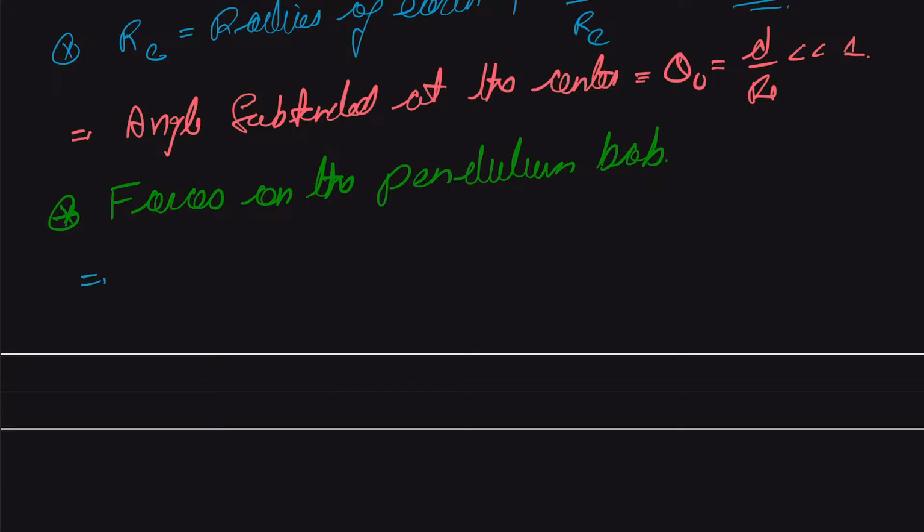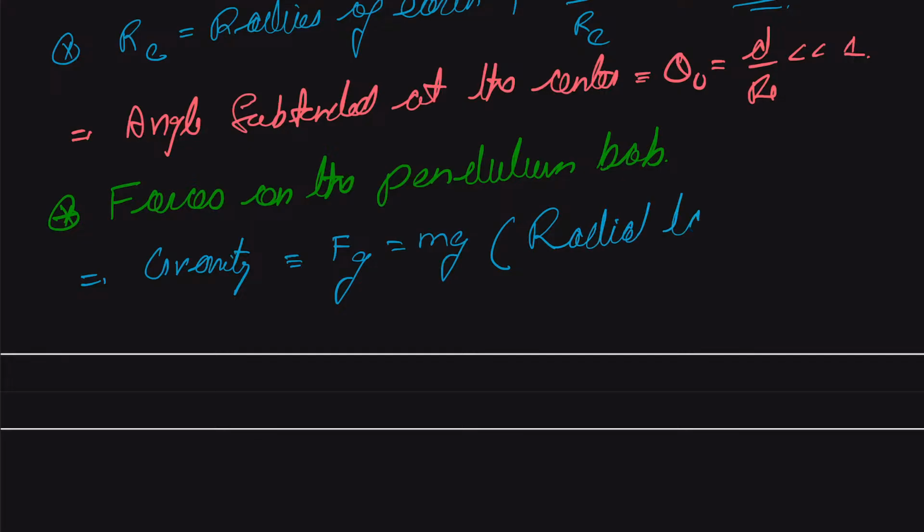So we are going to have gravity, that is Fg, which is mg, and it will be radially towards the center.